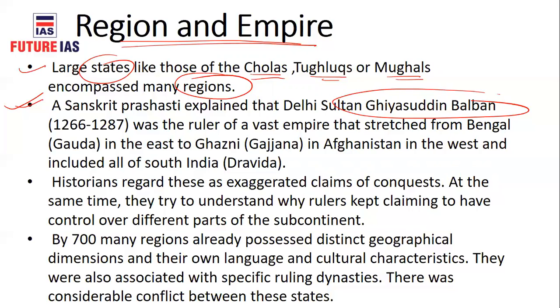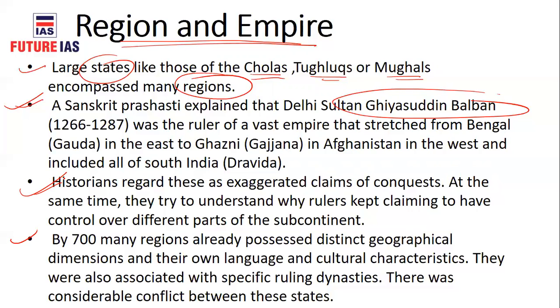And by 700 AD, you must understand, many regions started possessing distinct geographical dimensions, right? And those regions also had their own languages and their own cultural characteristics, isn't it? And different dynasties started evolving over there.